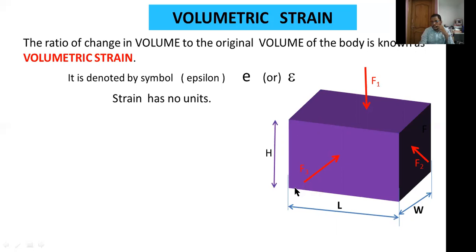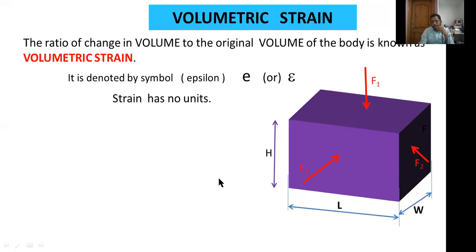Okay, this is a rectangular block having length L, width W, and height H. If three forces F1, F2, F3 are acting on that volume, then it may compress or elongate.